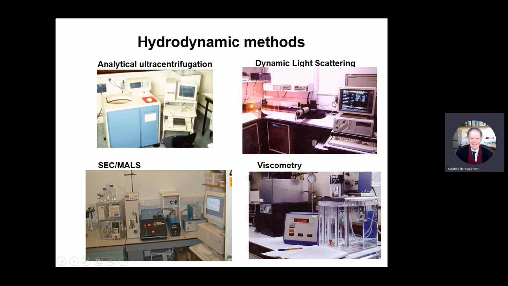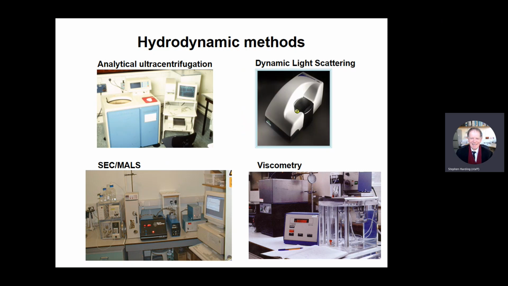This is what a DLS, or its real name, quasi-elastic light scattering setup, used to look like. And you can see from the age of the computer here, this IPC computer, this is pretty old. This picture was taken in the late 1980s. But this instrumentation's been superseded by this.